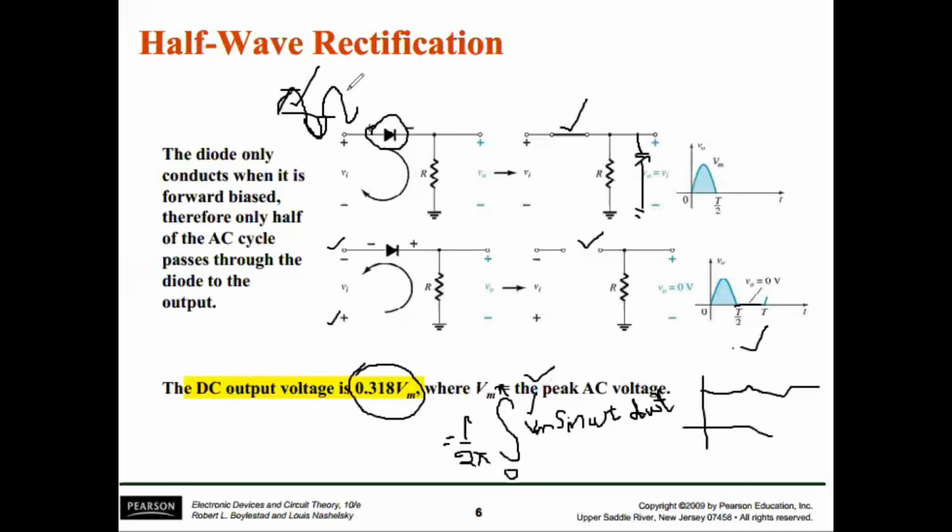The AC waveform in our houses has a frequency of 50 hertz, so omega is equal to 2 pi f, where f is the frequency. After the mathematical calculation of all this, you will see the value of 0.318 Vm for this half wave rectifier. So this is the formula which we have to see.